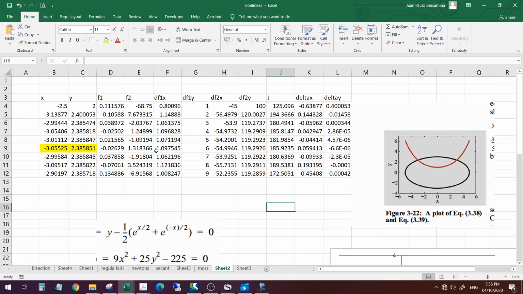If you implement all that in Excel, of course we have the initial assumption of x and y.